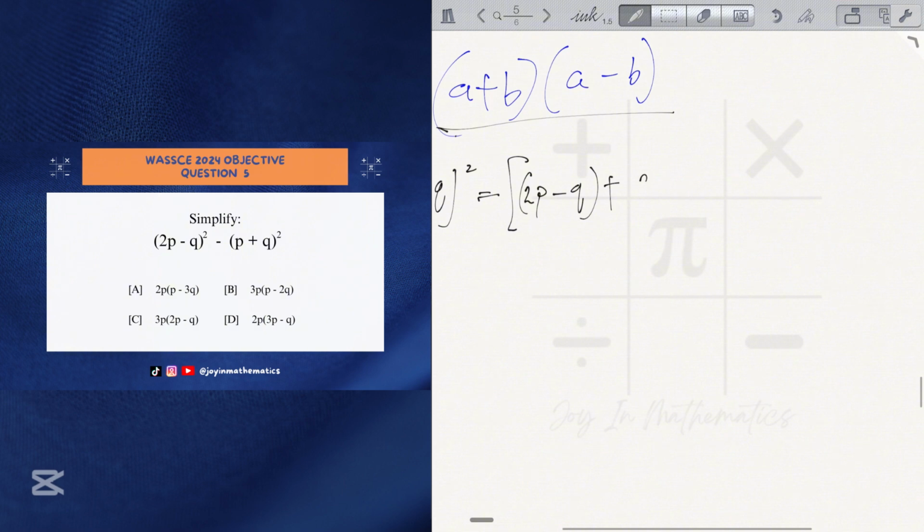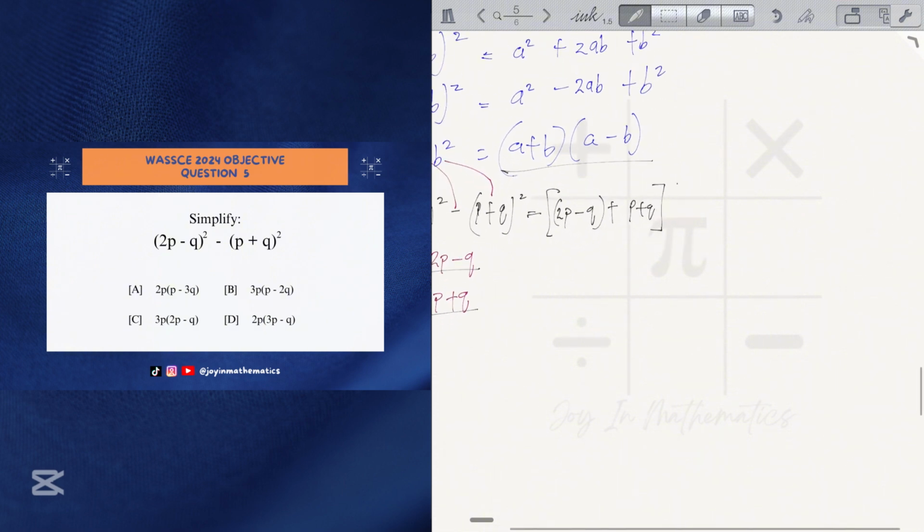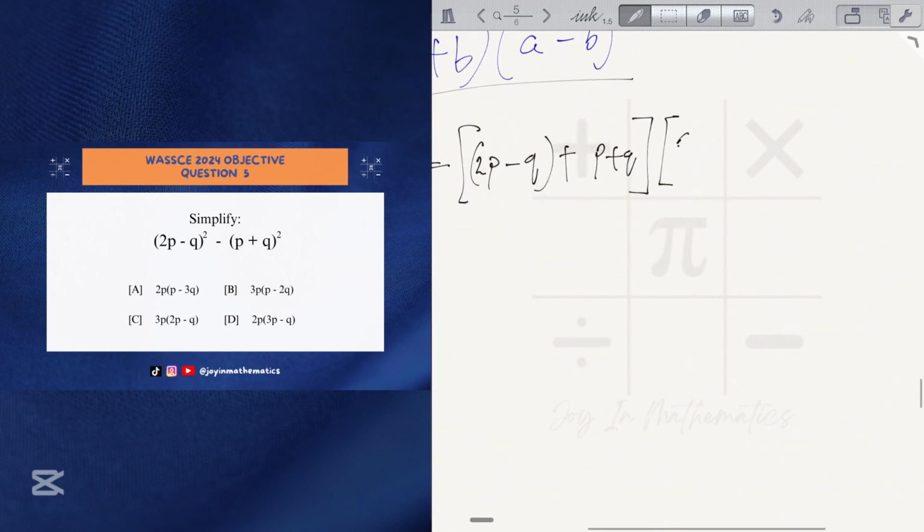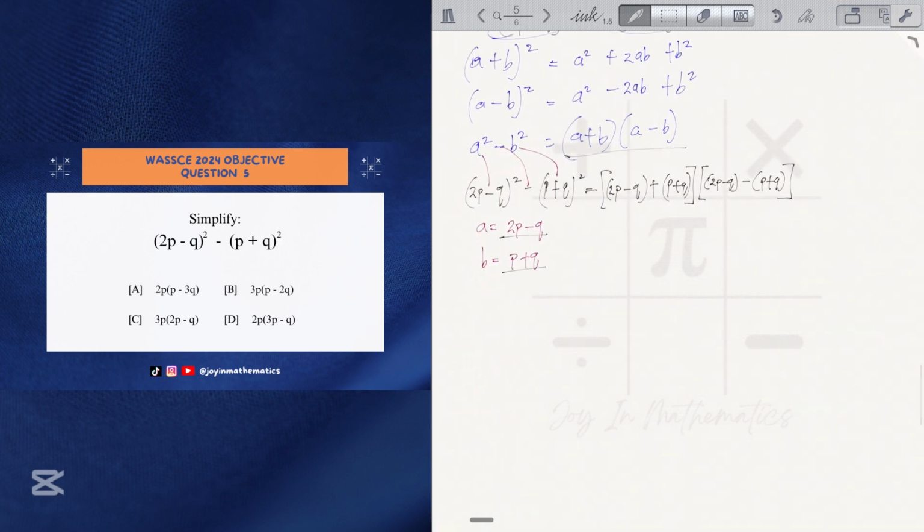So we have p plus q, then it is being multiplied again by a minus b. So we understand that our a is 2p minus q and our b is p plus q. So yeah, we are applying the difference of two squares.